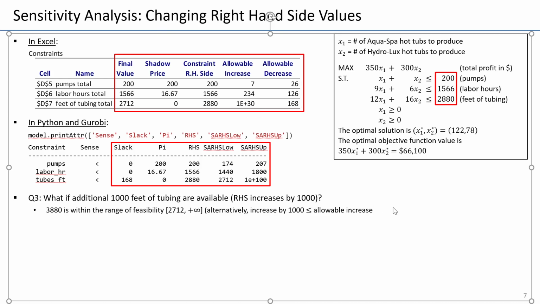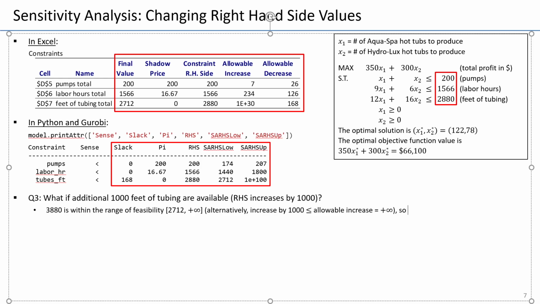And this allowable increase in Excel is shown as 1e plus 30. But again, this is a very large number. This is like 1 followed by 30 zeros. So a very large number. And again, the Excel solver in this case is trying to tell us that this is plus infinity, right? So anything is smaller than plus infinity, right?